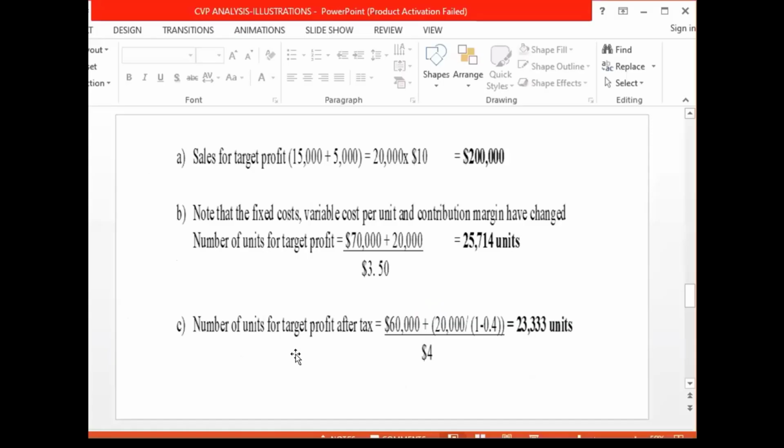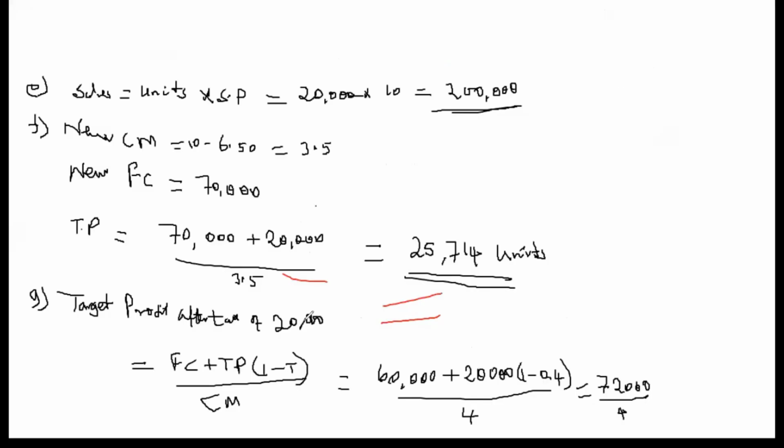But 60 plus 20 into 1 divided by 4, why is it 23? It's not. Okay, I see. There's a mistake somewhere.